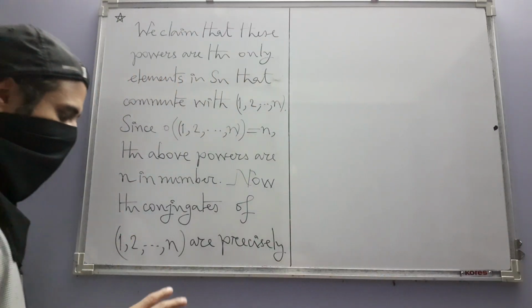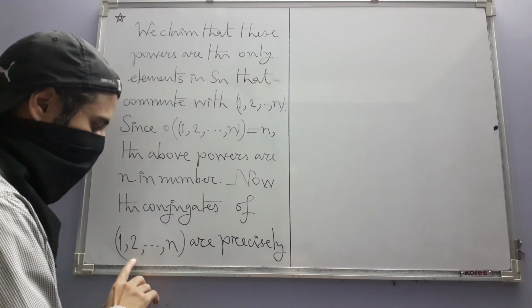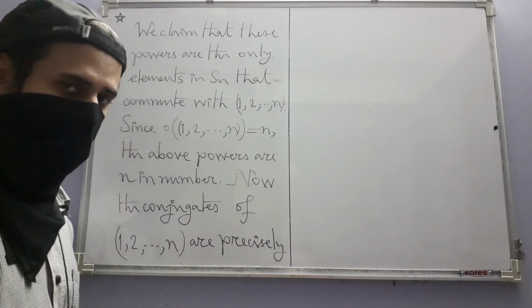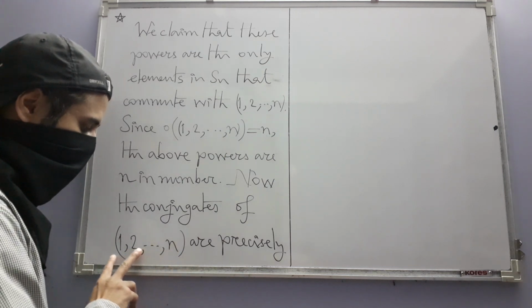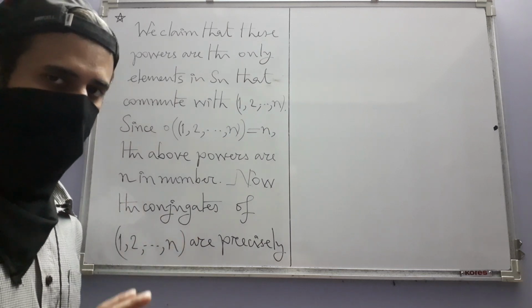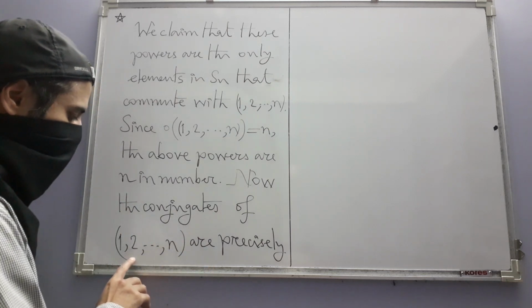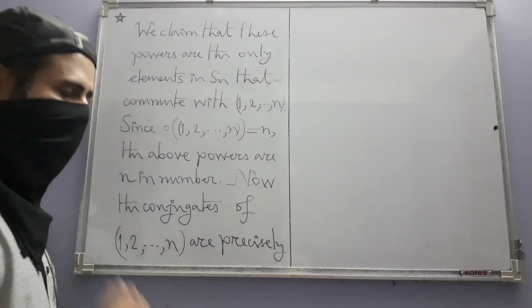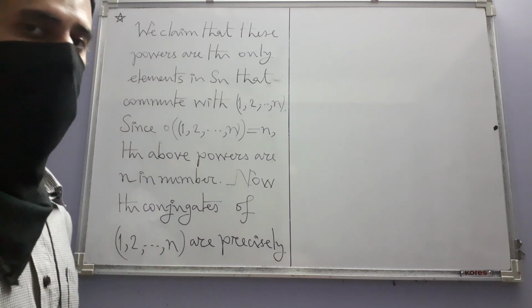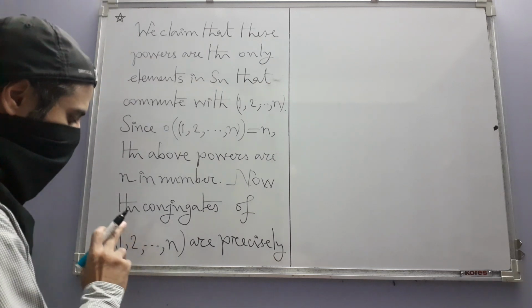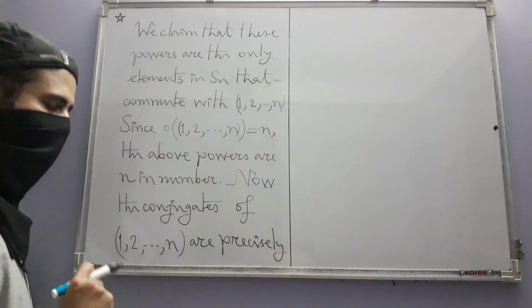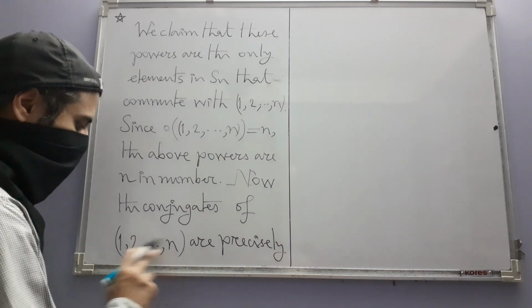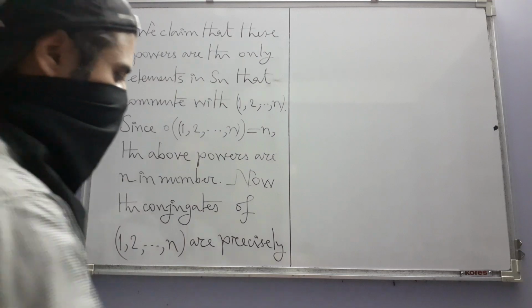And that number equals the number of distinct n cycles that you can create from n distinct symbols, and that equals the number of cyclic permutations of n objects, which is n minus 1 factorial. You keep one of them fixed to maintain the cyclic order and then permute the others.